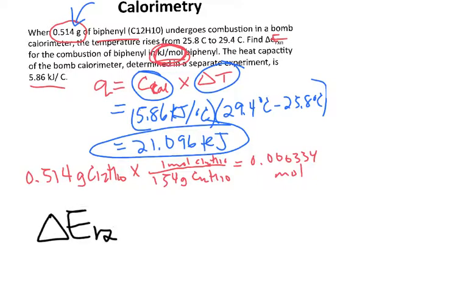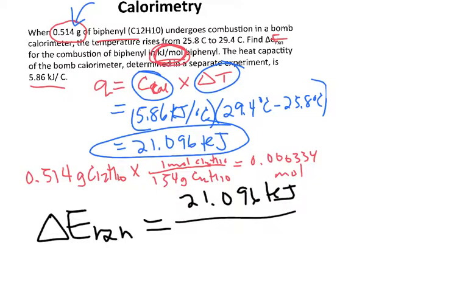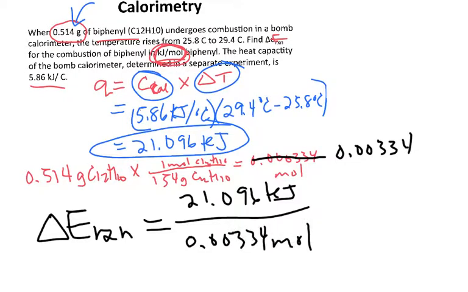Delta E of the reaction in kilojoules per mole is then going to be 21.096 kilojoules divided by 0.00334 moles.